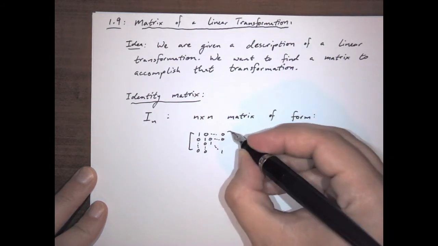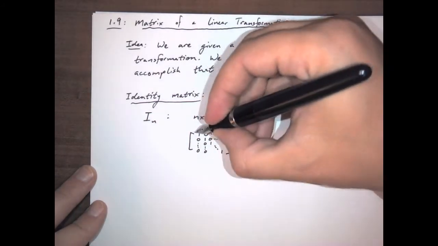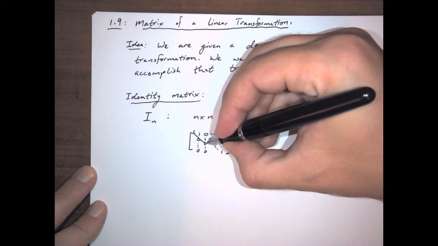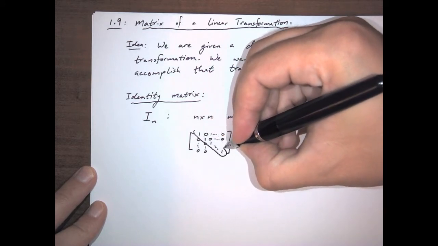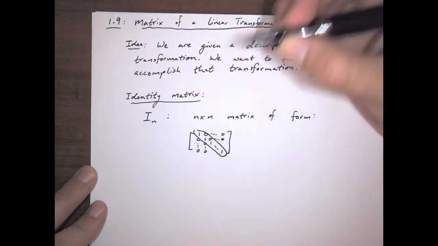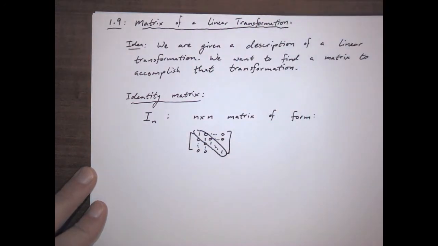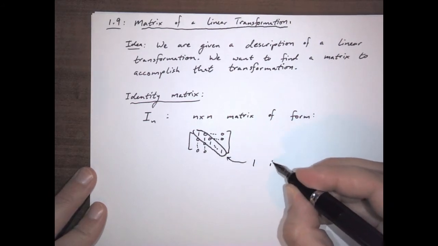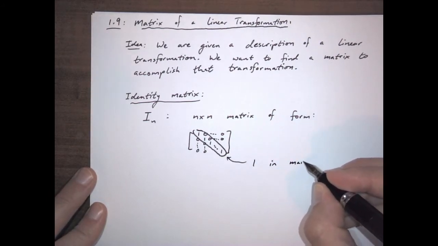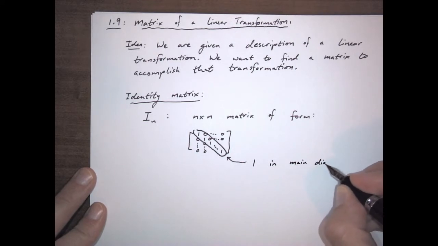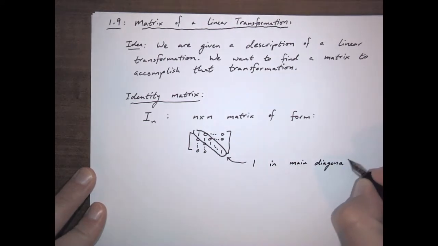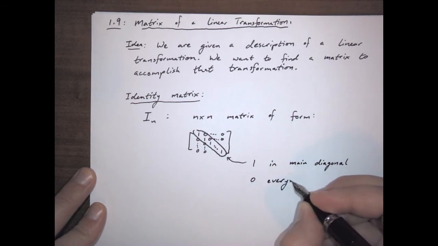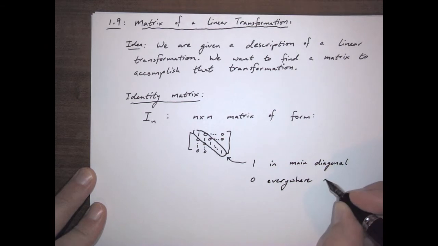So we've got ones along the main diagonal, zeros everywhere else. This little diagonal line going from the northwest to the southeast is the main diagonal. So 1 in the main diagonal, 0 everywhere else.